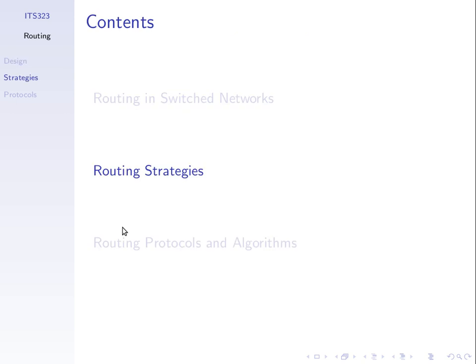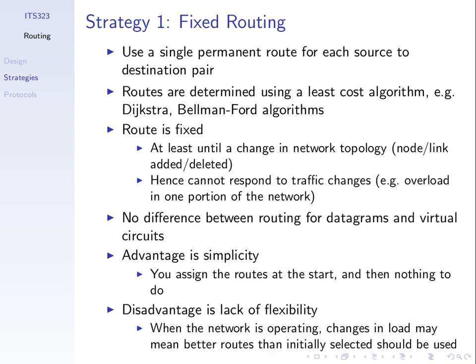Let's look at some strategies, some ways to perform routing. The first approach is simple. Choose a route, use it forever. I build a network across Thailand, with 20 nodes in different cities with links between them.